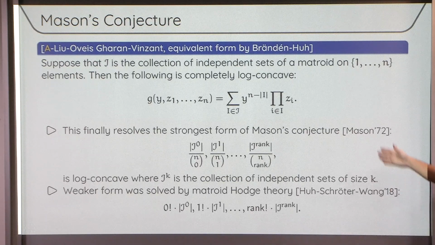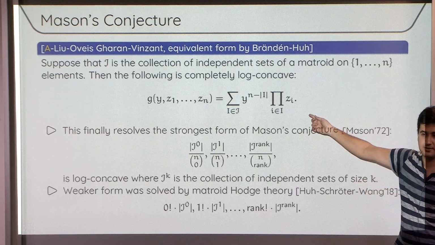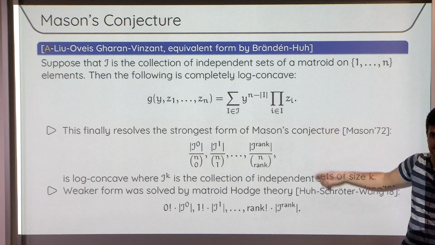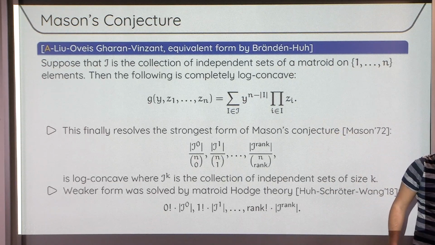So once you have the complete log concavity of such a thing, how do you get the ultra log concavity of this sequence? So it's an easy exercise. You just plug in the same variable z for all of the z_i's. Okay.